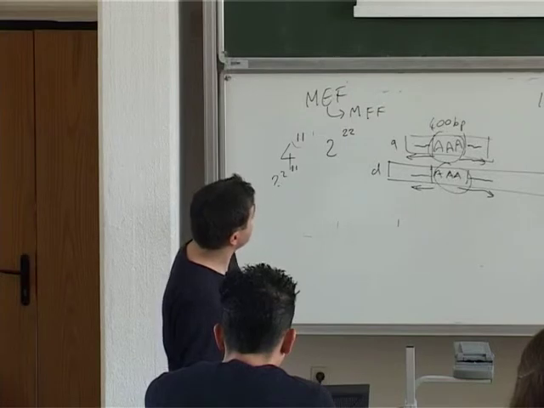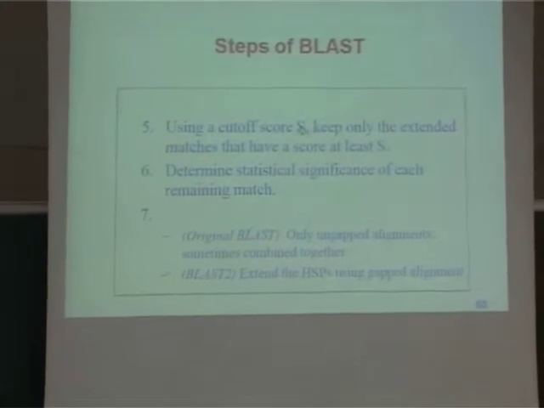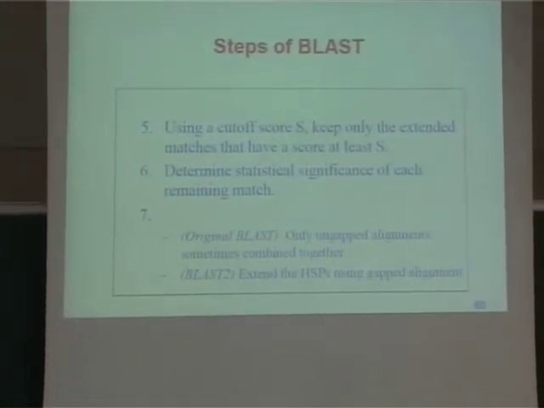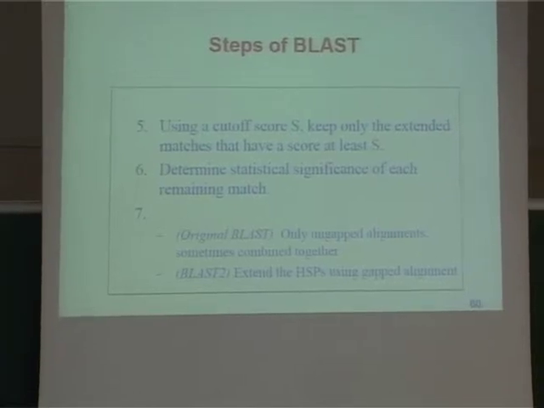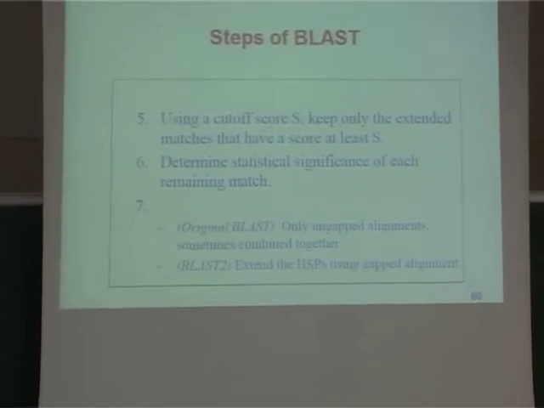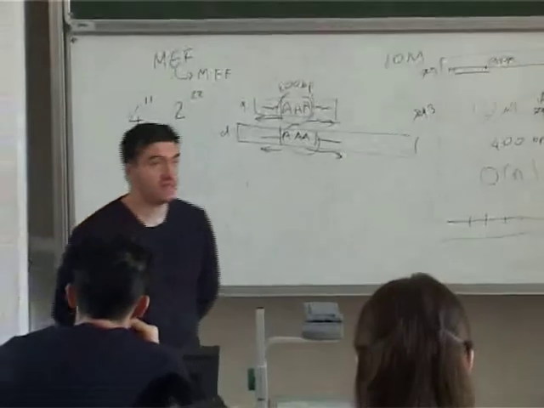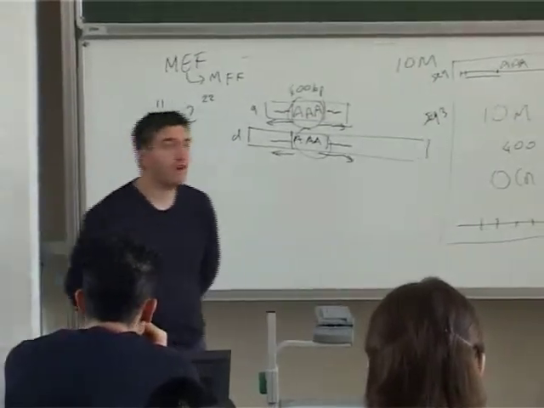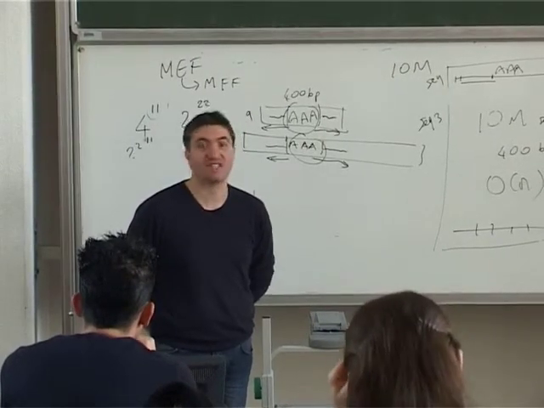And after that, this score S tells us to order the hits, but one of the most important contributions of BLAST is that it determines a statistical significance measure, which we are going to see today in the second hour, which tells us whether this score could have been obtained by chance, or do we really have a biological similarity there?